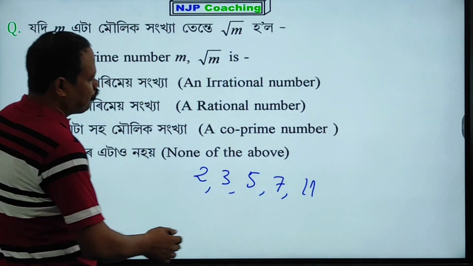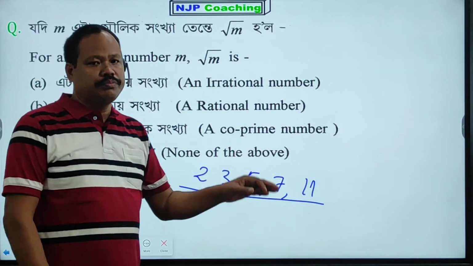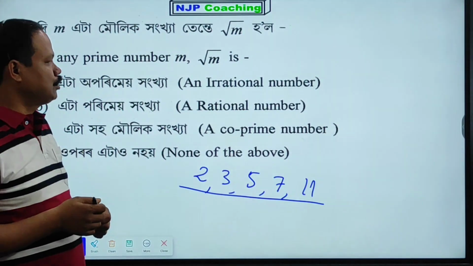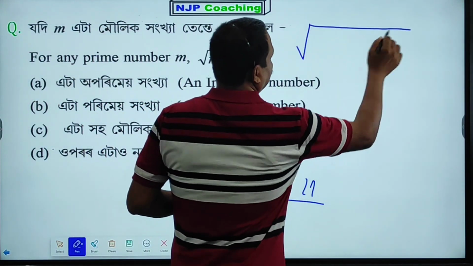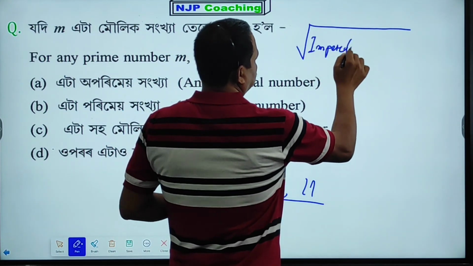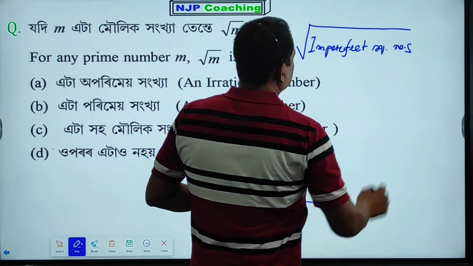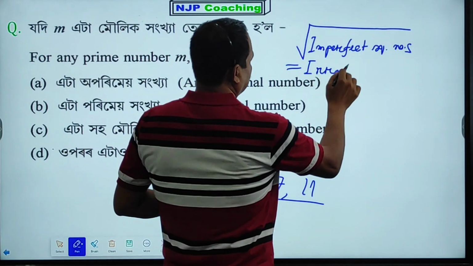Prime numbers are not perfect squares. And the square root of imperfect square numbers is always irrational.